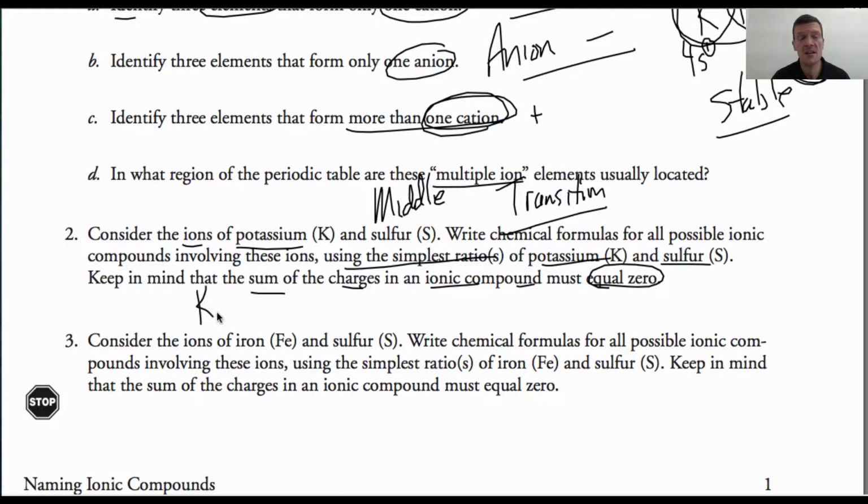This is how we write it: K with a subscript of 2 and then S. That means 2 potassium atoms are bonded to a sulfur so that you have a neutral compound. The total charge on this has to be 0. Total charge has to be neutral. Okay?